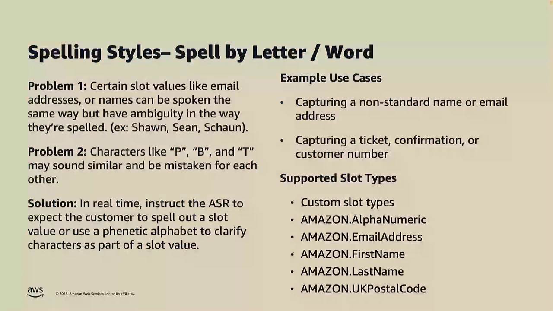So the next challenge here is in the IVR. Sometimes it can be difficult to capture certain slot values like names, street names, email addresses, things like that. These are all slot types that have a level of ambiguity, right? For names, as an example, you can spell Sean S-H-A-W-N, S-E-A-N, S-C-H-A-U-N.